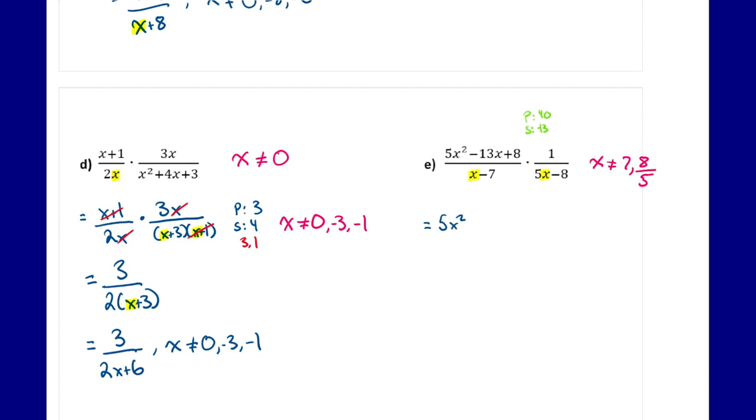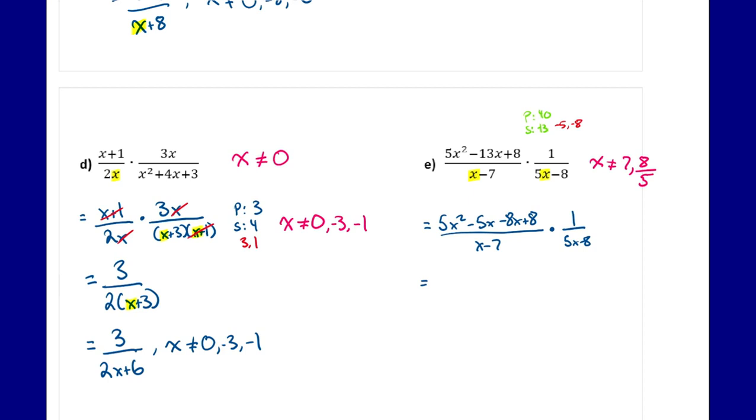So 5x squared minus 5x minus 8x plus 8 divided by x minus 7. That's multiplied by, on the other side, 5x minus 8, or 1 over 5x minus 8. Nothing I can factor there.